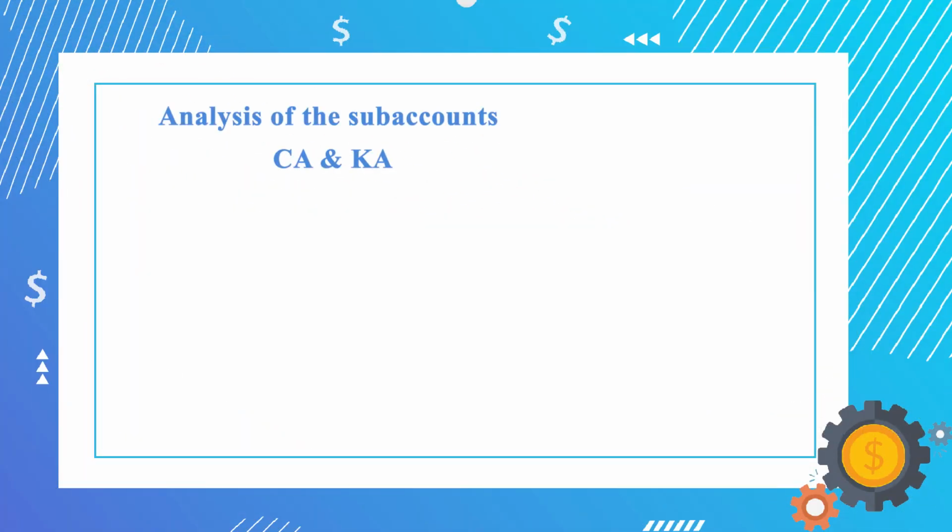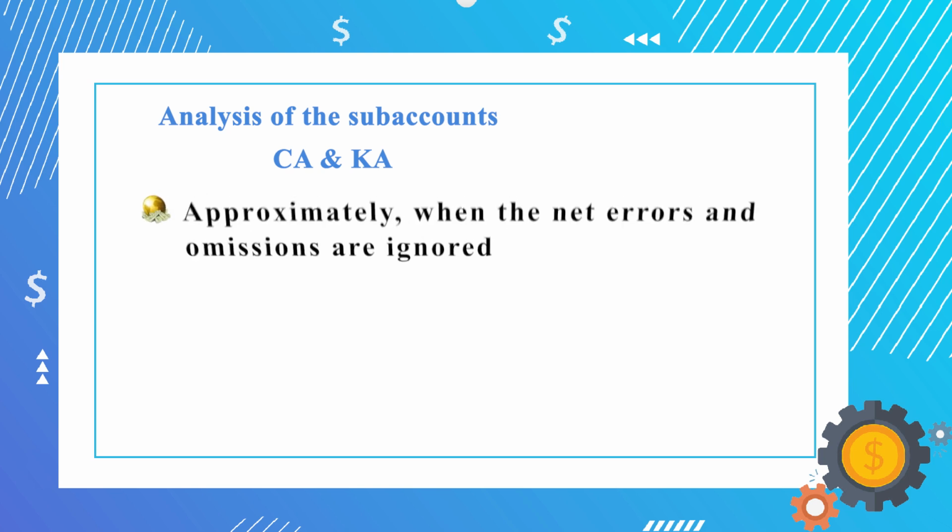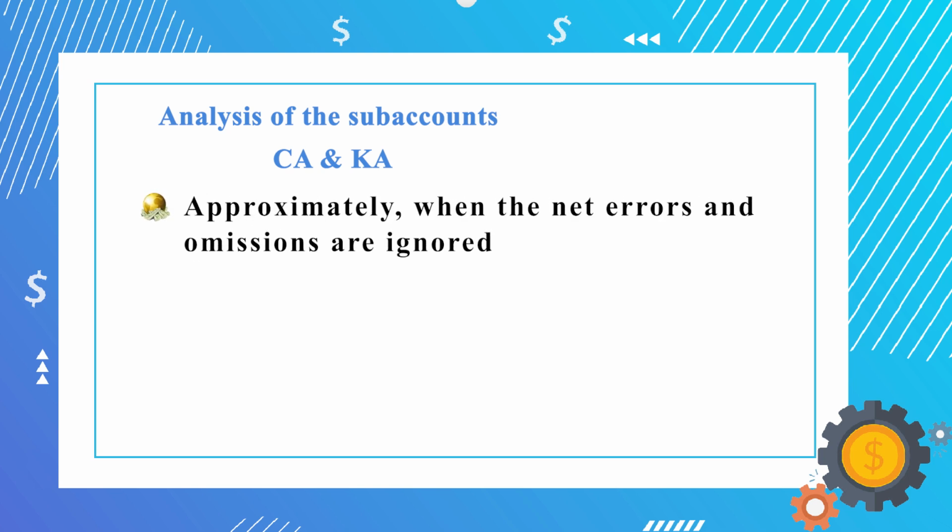Now, let's analyze the relationship between current account and the capital and financial account. Approximately, when the net errors and omissions are ignored, then negative net current account equals net capital and financial account balance.